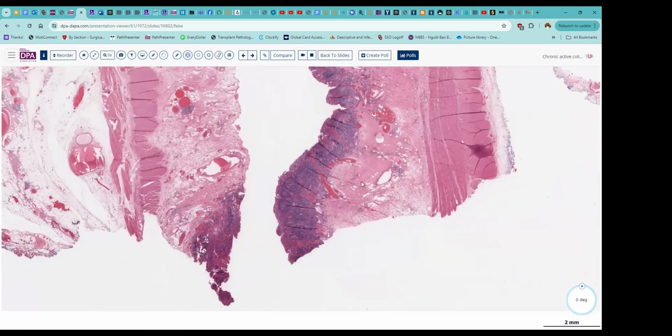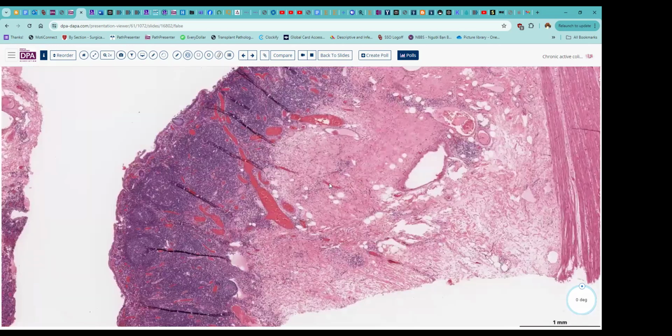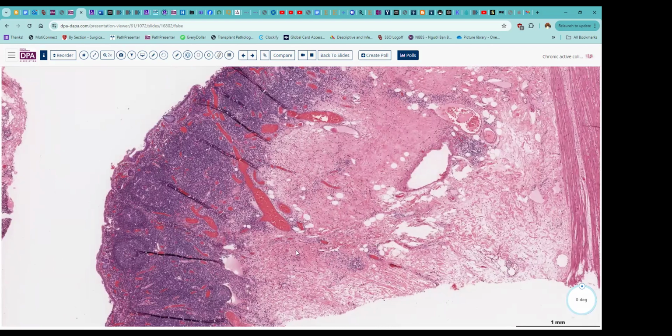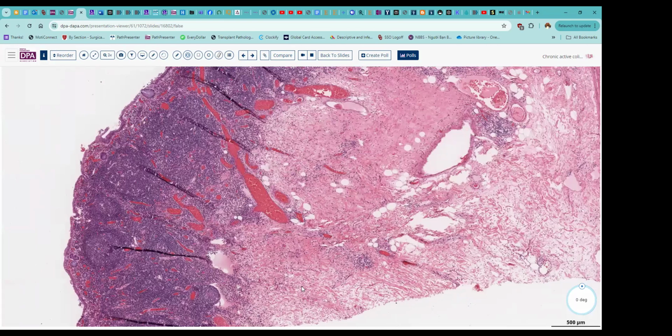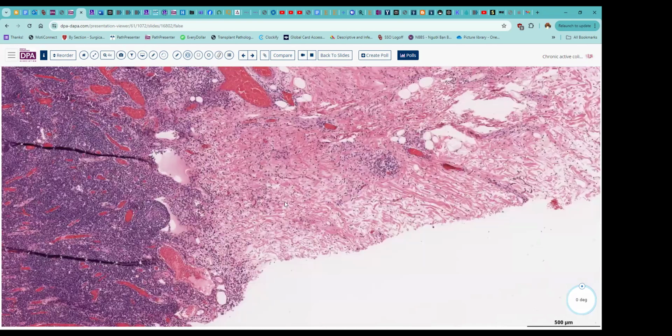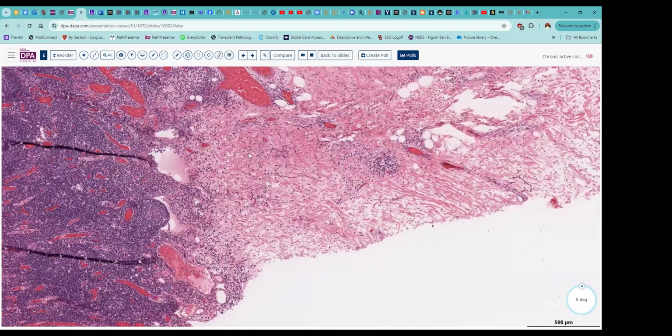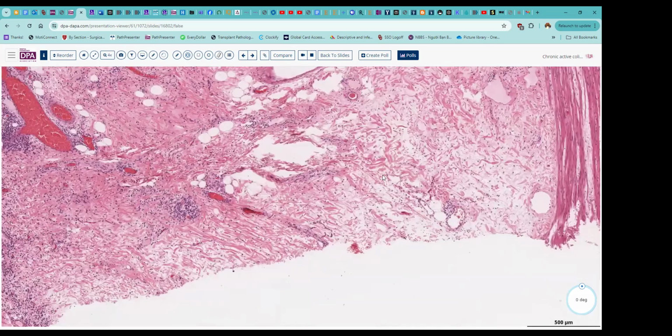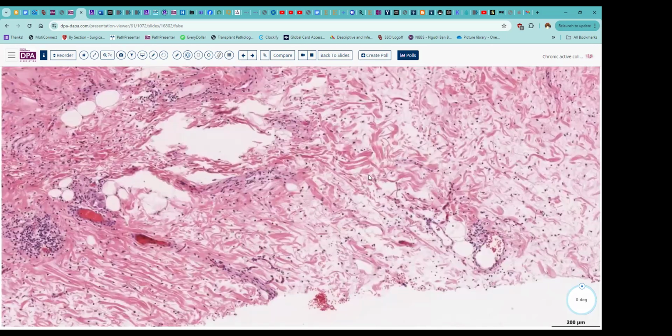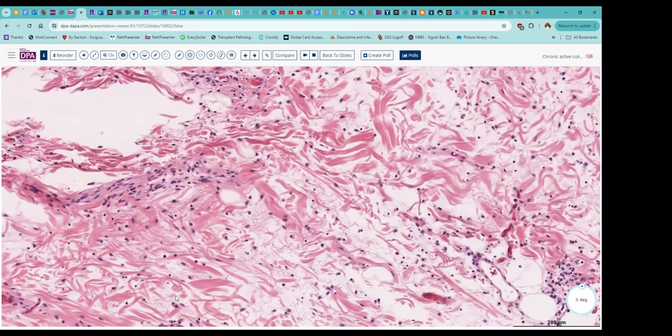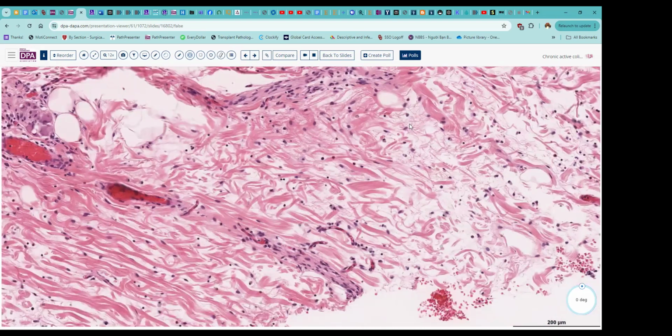So one of the other features that I wanted to highlight here is what I would term an indistinct muscularis mucosa. We don't see the typical single band of muscularis mucosa, but instead we see all of this. Is this collagenous or is this smooth muscle proliferation?